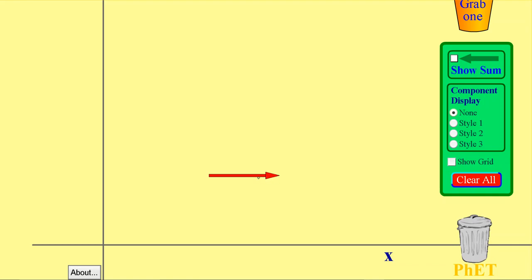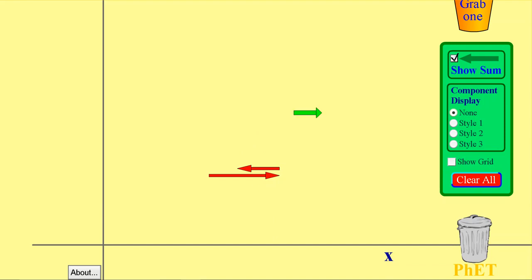But okay, so there's one vector we've got in red there, right? So that might be a displacement. That could be a velocity. It's just some arrow that we said is going to the right. Okay, now I can grab another arrow. And let's say that I had that arrow just above it, and I put it tip to tail like we said. So it's going to be something like that.